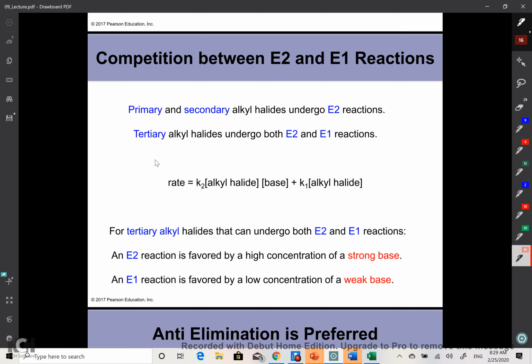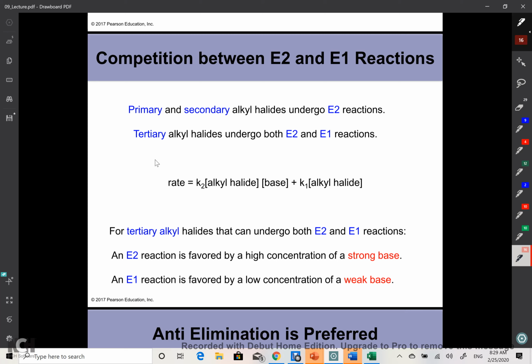Okay? Now, primary and secondary alkyl halides will preferentially undergo an E2 mechanism, just like the SN2. And then tertiary alkyl halides will preferentially undergo, well, tertiary is a mixture of E1 and E2. But I will be tempted to say that tertiary alkyl halides will most likely prefer an E1 mechanism because it goes through the formation of a carbocation.